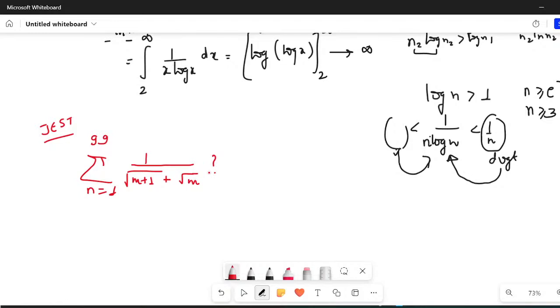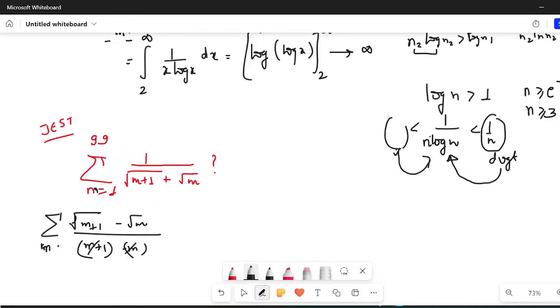So the better strategy to do this question would be to rationalize it. So if I rationalize it by root over m plus 1 minus root over m, and divide by m plus 1 minus m, this gets cancelled, and here I have the sum for m equals 1 to 99.